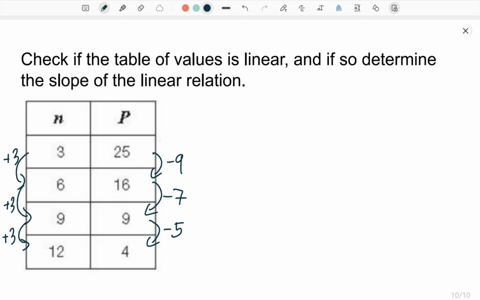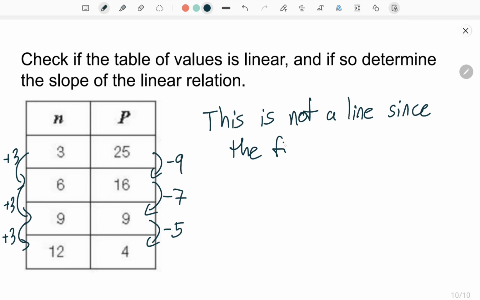Well, that would mean you wouldn't have a constant slope. And so this actually means this is not a line, since those first differences are not all equal.